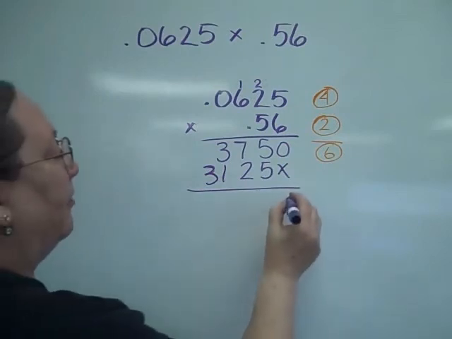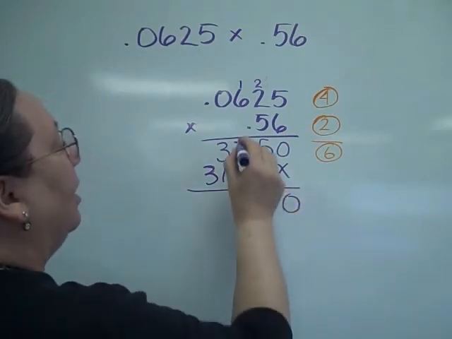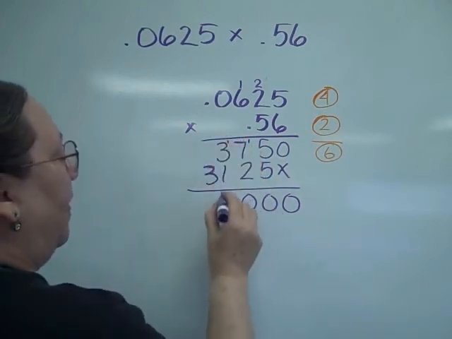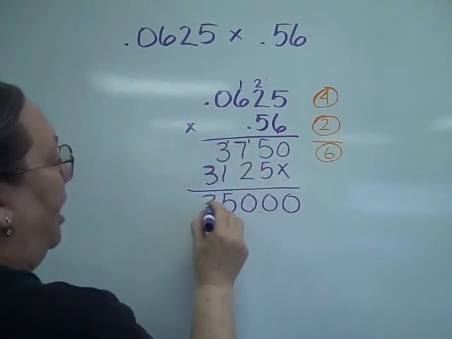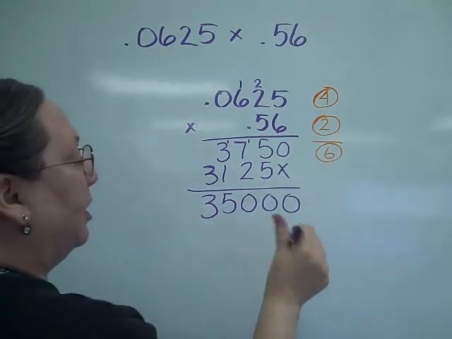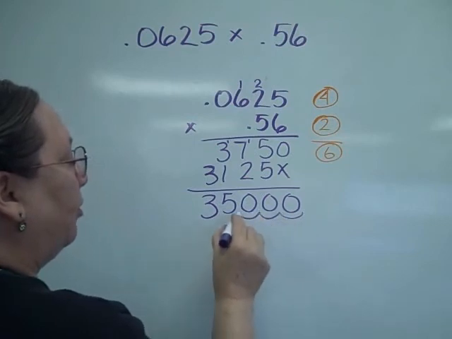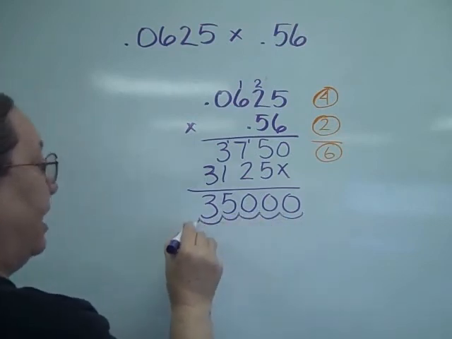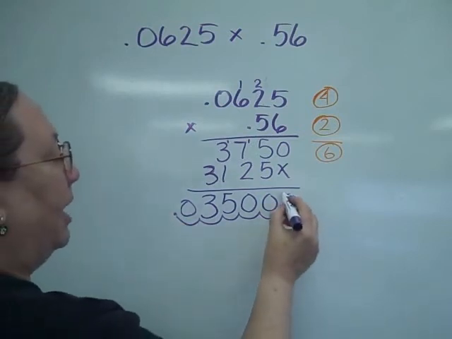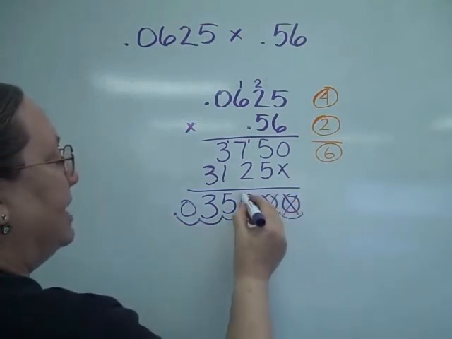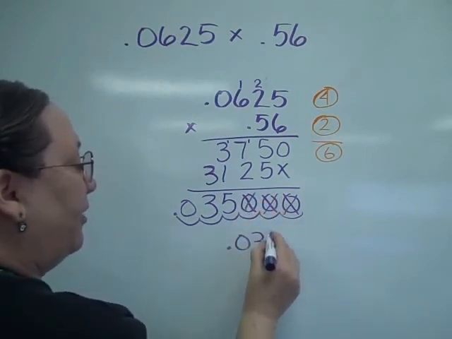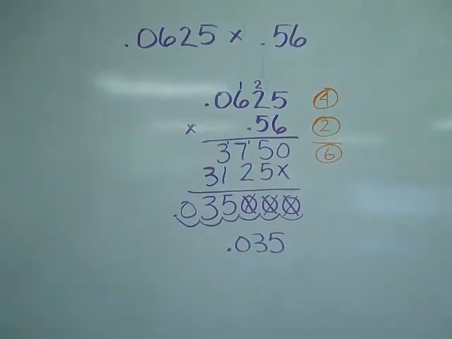Now, adding them up, I've got 0, 10, carry 1, 10, carry 1, 5, don't carry, and 3. Remembering I have 6 numbers behind the decimal, so there's 1, 2, 3, 4, 5, and yes, you must add a 0 to the front. And again, remembering any 0 on the end, I can take off. So my answer is 35 thousandths.